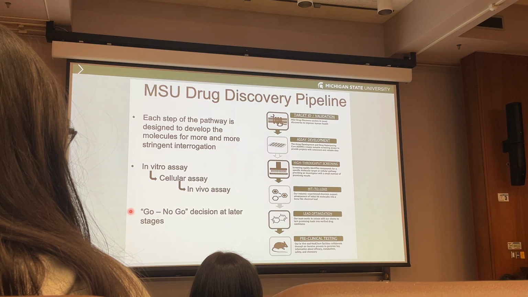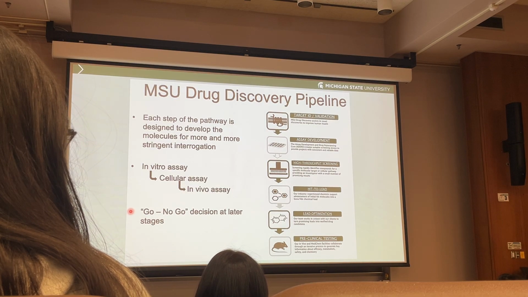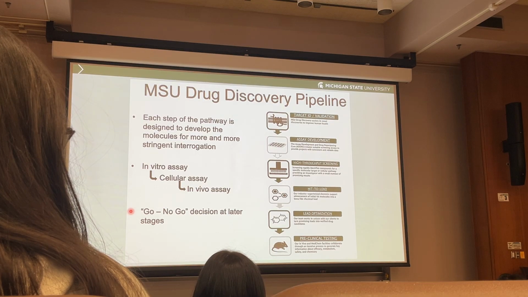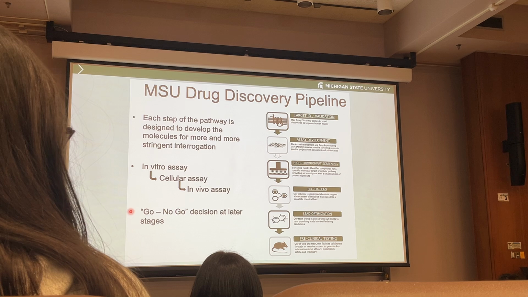Understandably, these are tough decisions, horrible conversations in rooms, but the idea is, do we want to risk millions of dollars, hundreds of millions of dollars to keep doing this when we're not exactly sure, or how confident are we in going forward? So these are very tough calls that are made during these phases, but that's part of the process.